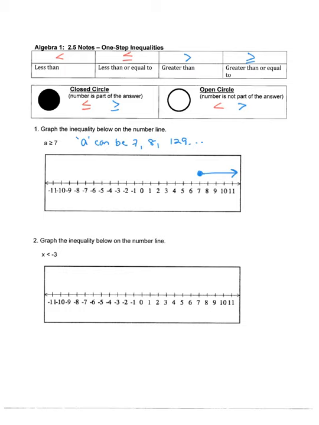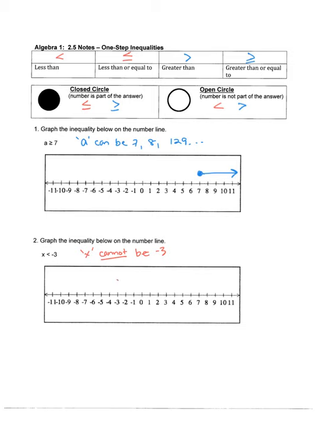Now, let's look at the next one. The next inequality. Again, I'm reading left to right. X is less than negative 3. So X cannot be negative 3. There's no bar underneath. But it's less than.